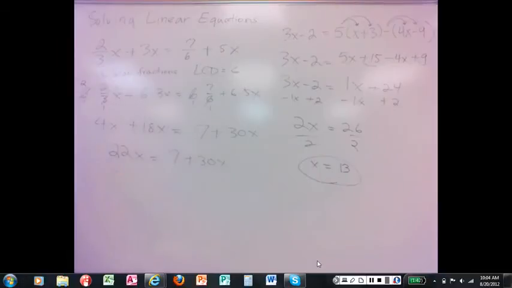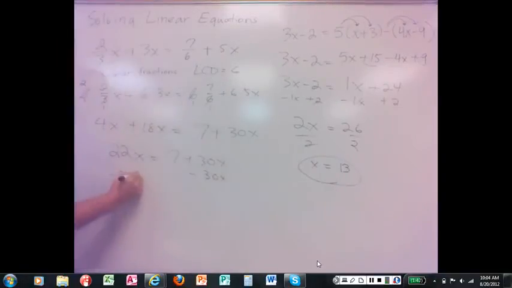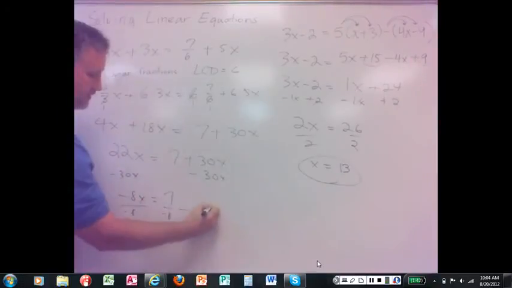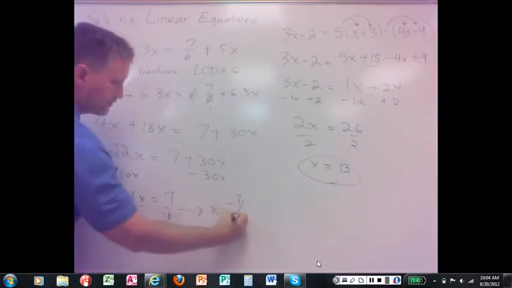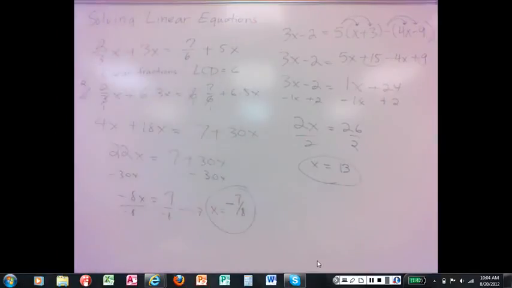Now subtract the 30x. Negative 8x equals 7. Divide off the negative 8. I get negative 7/8. Sound okay? Everybody with me on that?